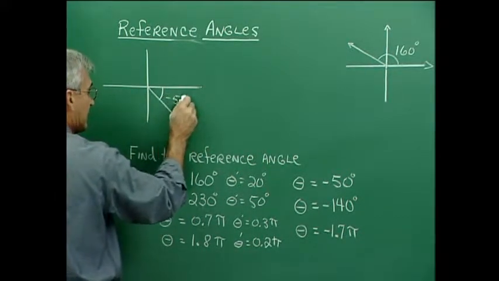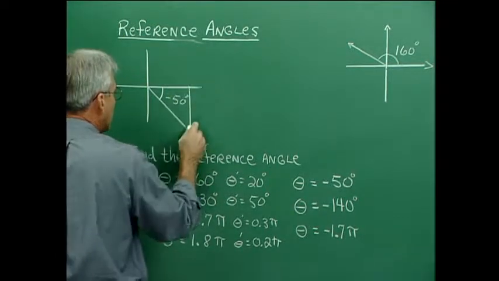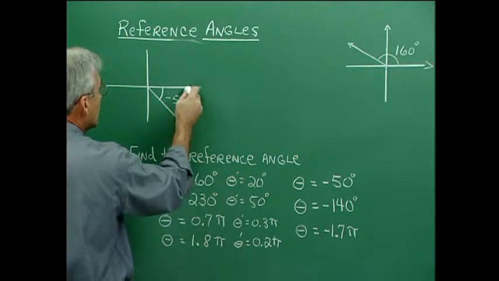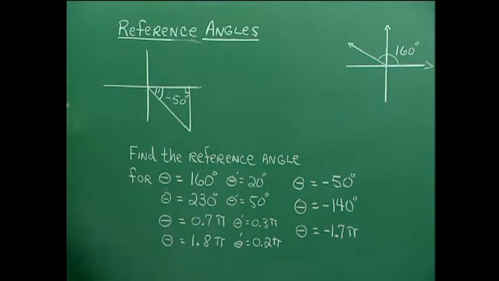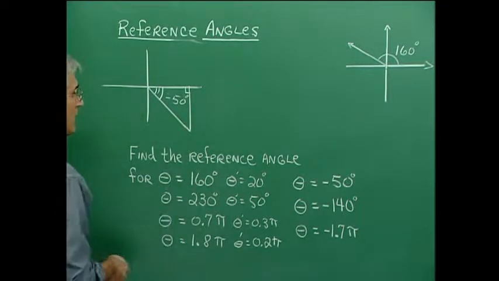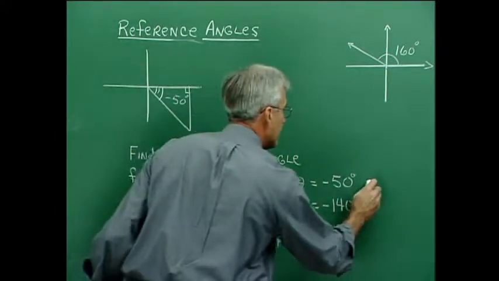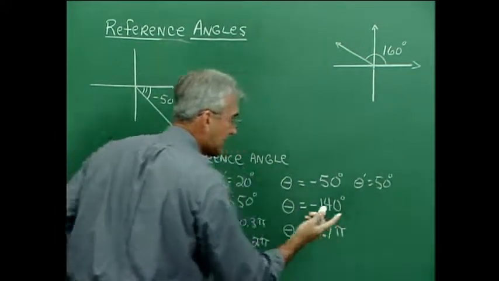This is a negative 50 degree angle. But for our reference triangle, all we're doing is using a reference triangle right here, and therefore all we want is this angle. And when we talk about triangles, we talk about positive angles, and so it's just a 50 degree angle. So theta prime is 50 degrees. So that one's pretty trivial.